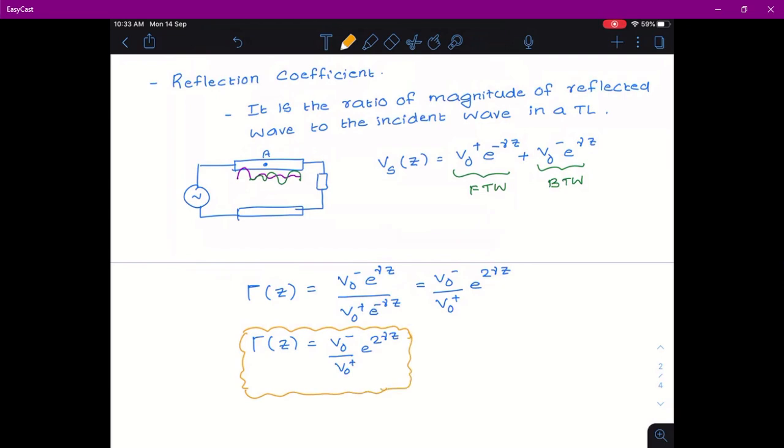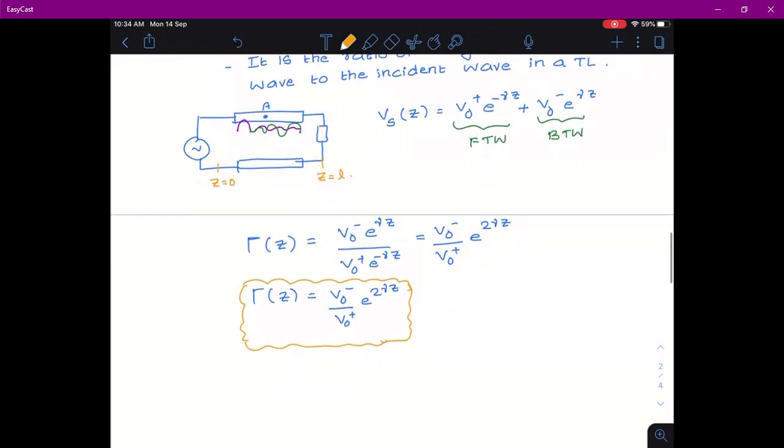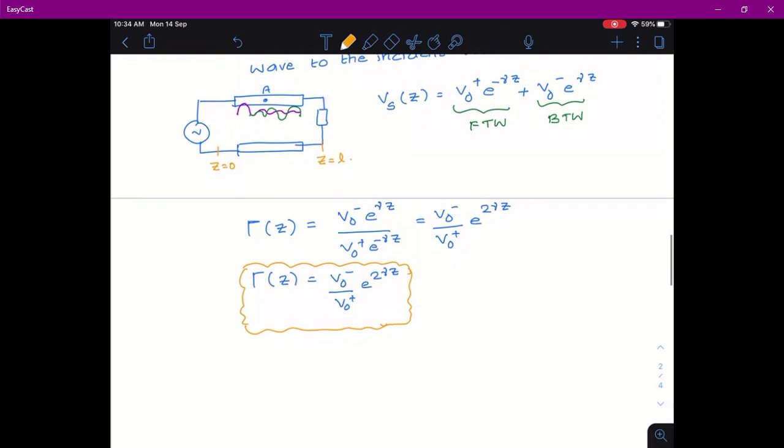Okay. Now, we also know that in a transmission line the generator is at Z equal to 0 and the load is at Z equal to L. So, what is the value of reflection coefficient at Z equal to L? So, reflection coefficient has another meaning.